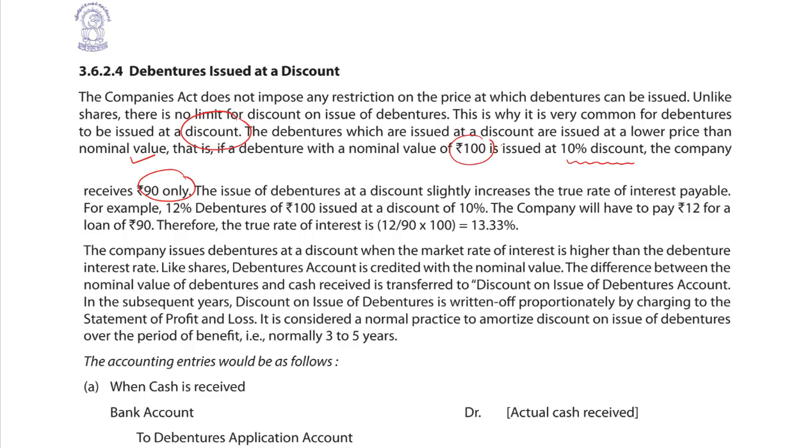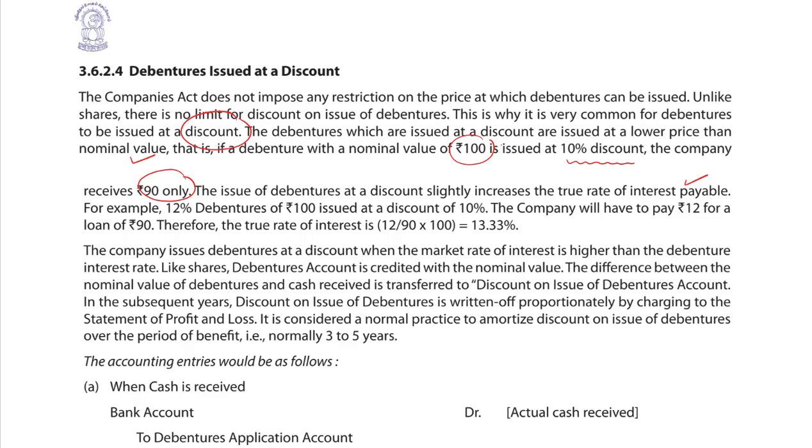The issue of debentures at a discount slightly increases the true rate of interest payable. For example, 12% debentures of rupee 100 issued at a discount of 10%, the company will have to pay 12 rupees for a loan of 90.